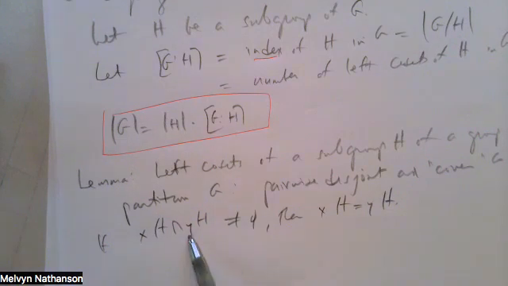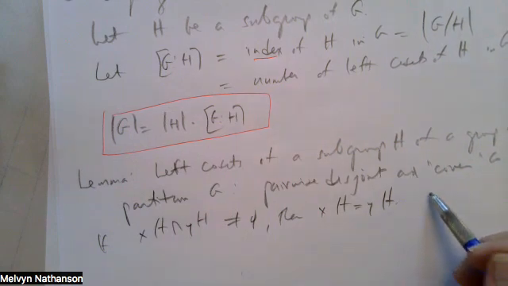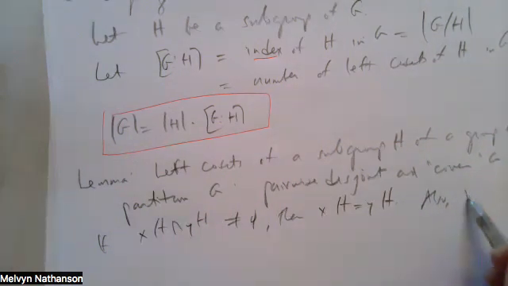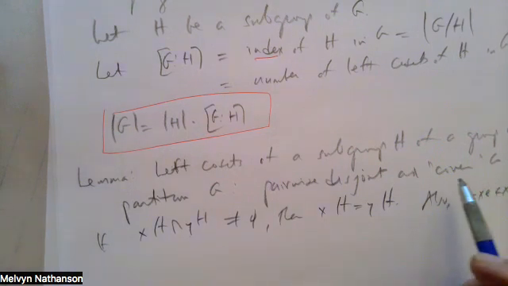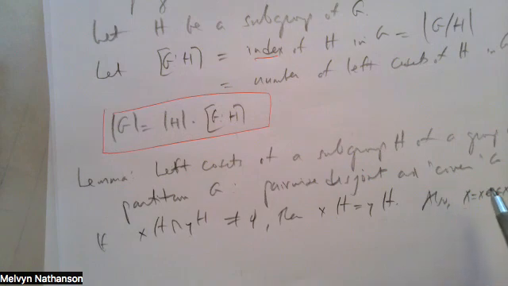It doesn't mean x equals y, but the two left cosets are the same sets. Also, x, which is x times the identity, is certainly in the left coset xH. So every element of the group is in some left coset. So the union of the left cosets is all of G, and the left cosets are pairwise disjoint. So that's the first lemma.